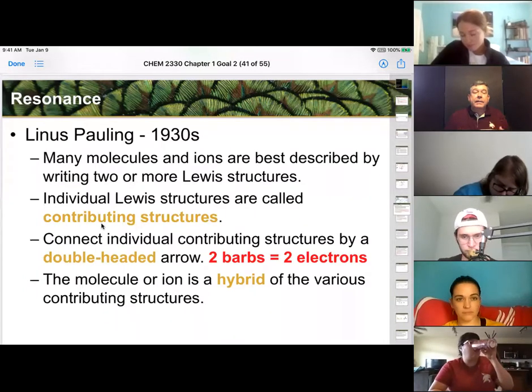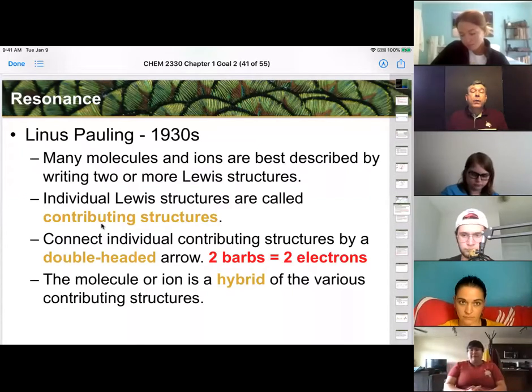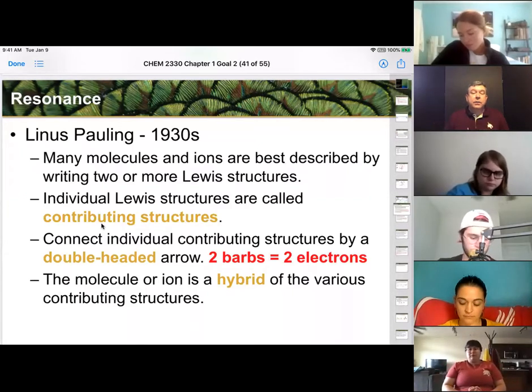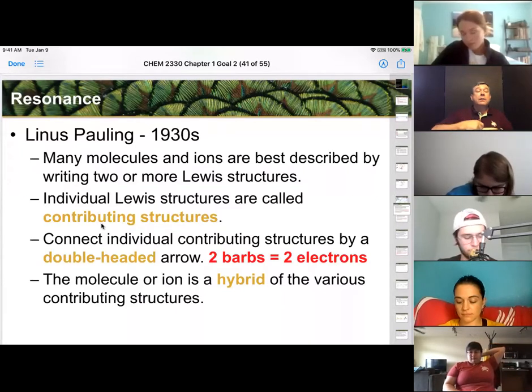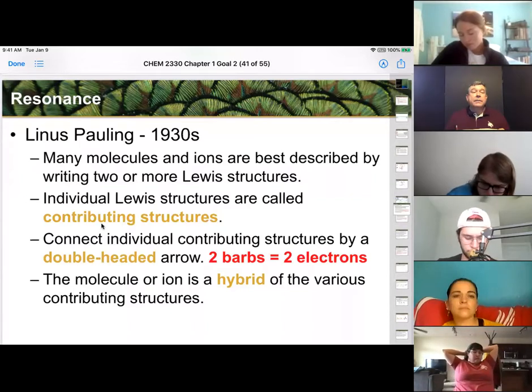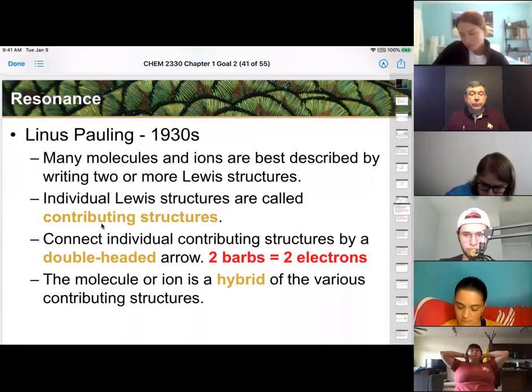Resonance is when you can draw 2 or more equivalent Lewis dot structures and there's no chemical difference between them, which means the electrons could be on one atom or on a different atom nearby. The key with resonance is that you can draw more than one valid electronic structure and they might all be true. There might be a favored one or an unfavored one, but they could all be true.